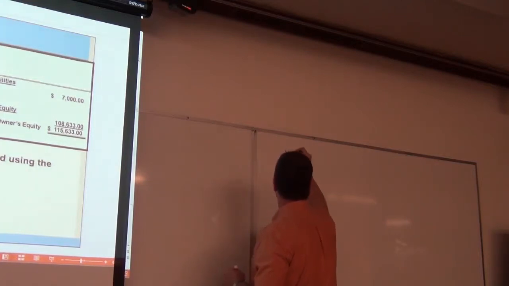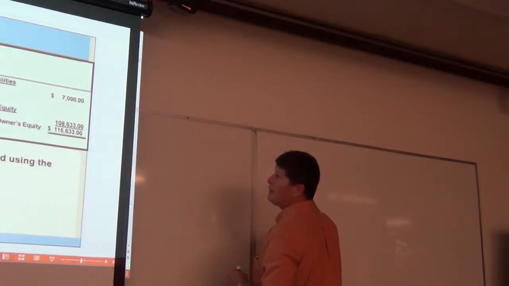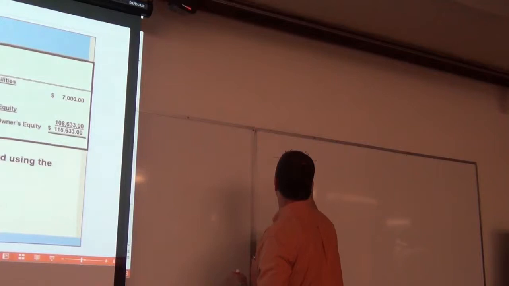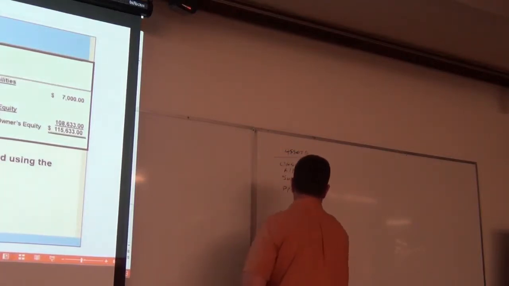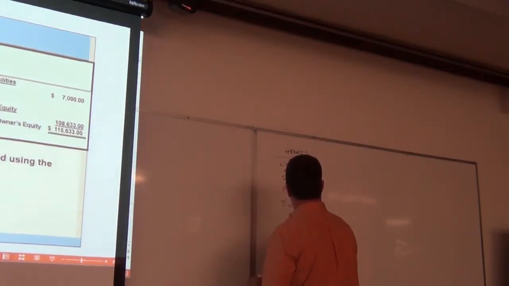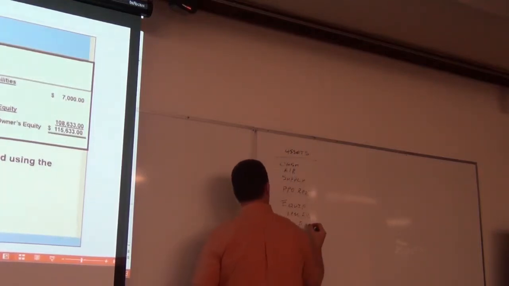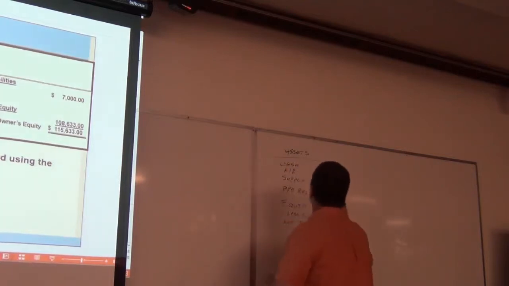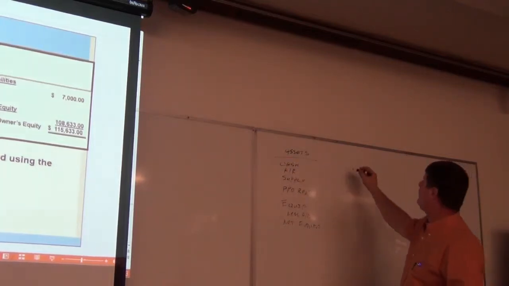Okay, so you'd have assets, cash, accounts receivable, and I'm abbreviating, you can't. Supplies, prepaid rent, equipment, less accumulated depreciation, net equipment. So cash, we have what? 83.5.